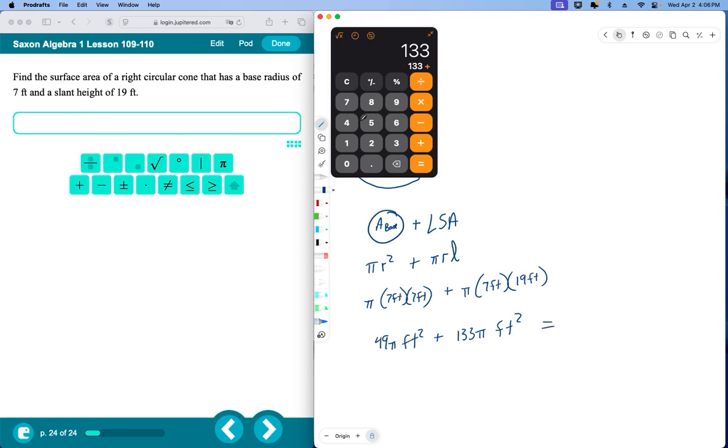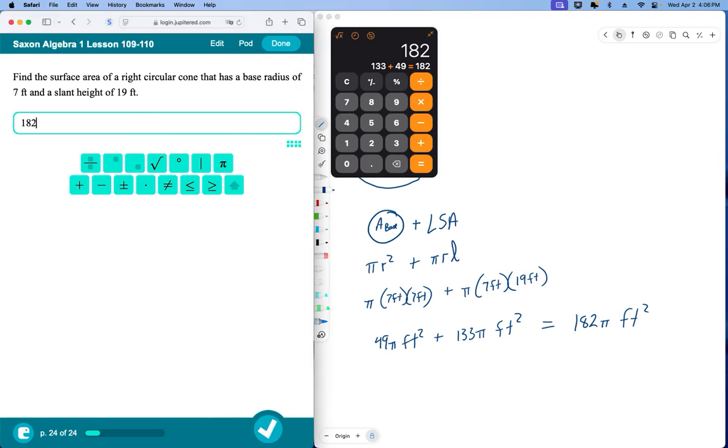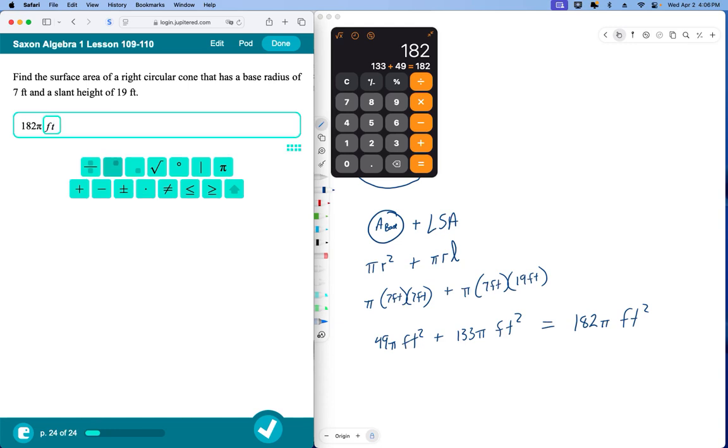When we add those two together, I get 182 times pi feet squared. So 182 pi space ft with an exponent of 2. And that's correct.